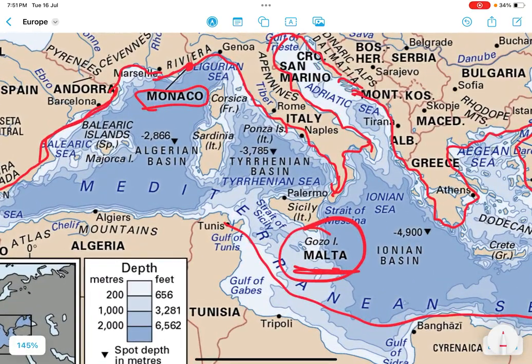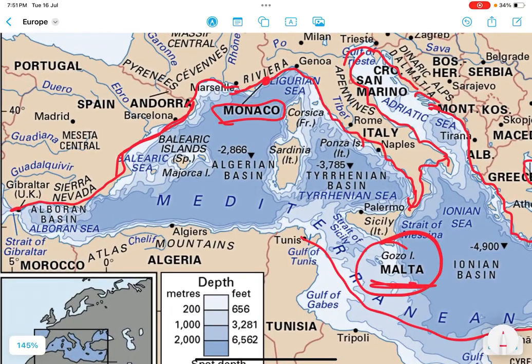So we have to see that there are a few islands in the Mediterranean Sea. First of all, Corsica. This island, Corsica, is of France. Then we have Sardinia. It is of Italy. Then we have Sicily. Sicily is also of Italy.